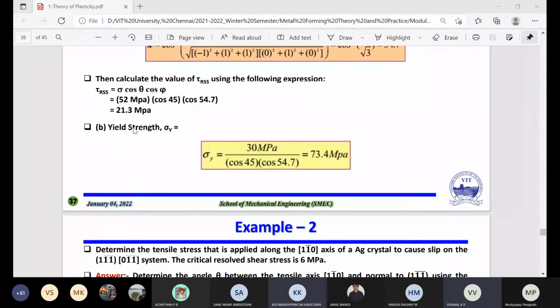Sir, cos phi is half. Half, yeah, 0.5. Then the next point: if the critical resolved stress is given as 6 megapascal, then you have to calculate the tensile stress.